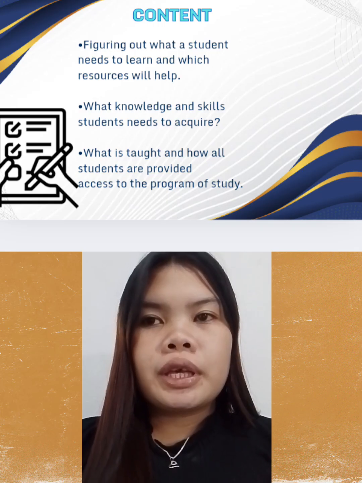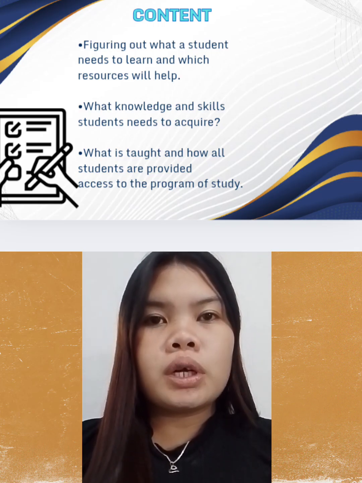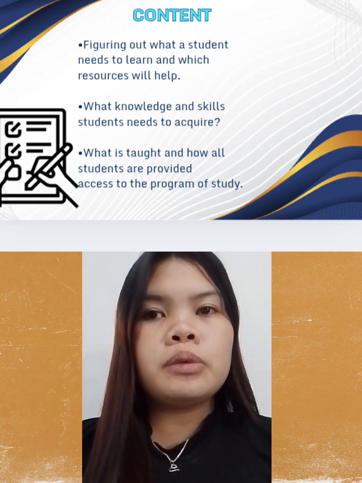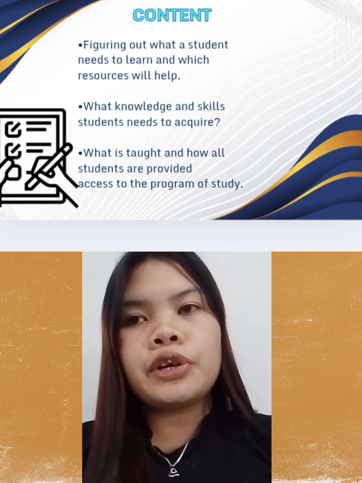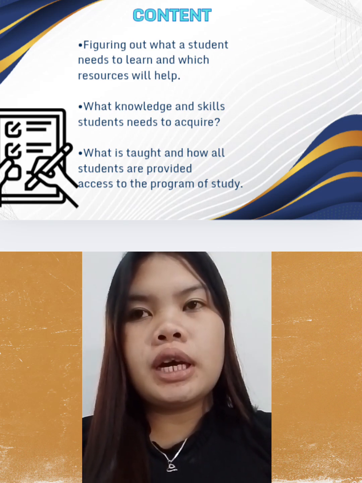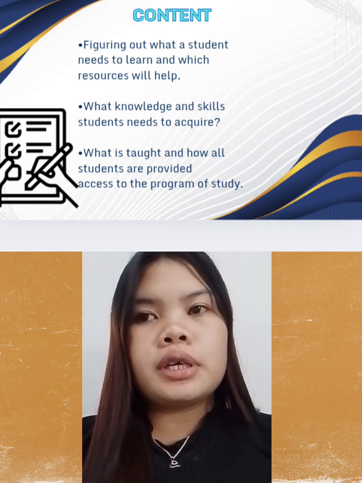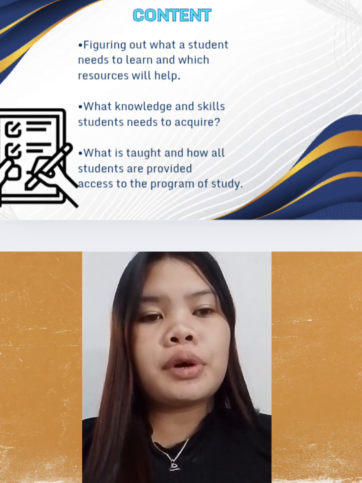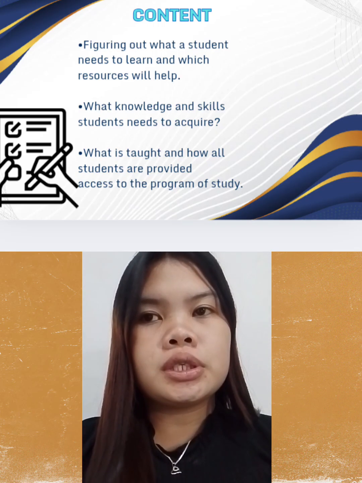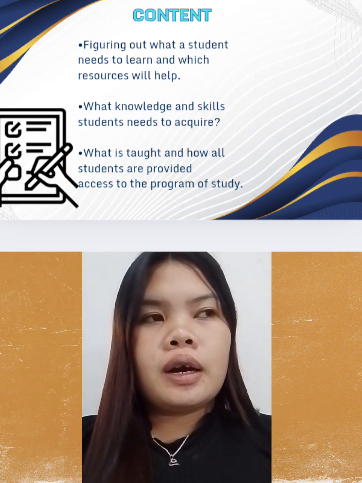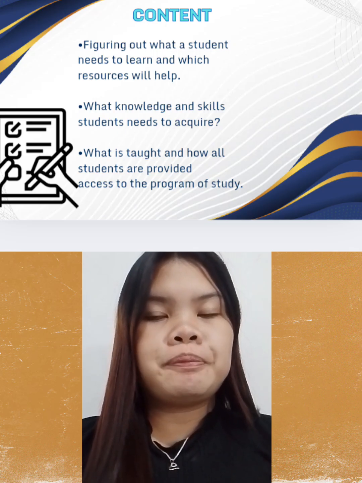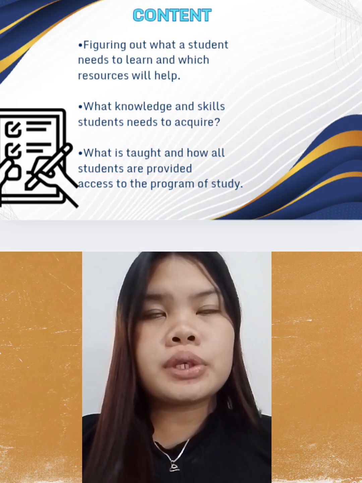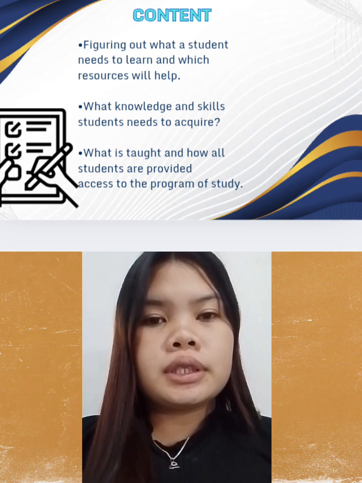And also, they answer the question, what should learners know, or ano ba yung dapat malaman or matutunan ng bata. For example, content is matching vocabulary words to definitions, and another one is differentiating fact from opinion. So those are examples of content.